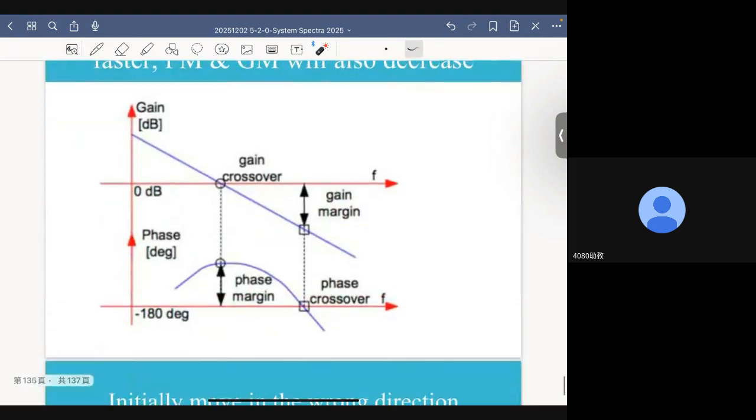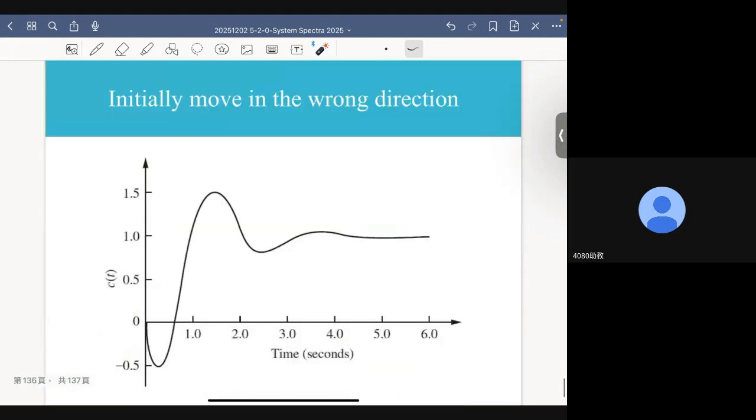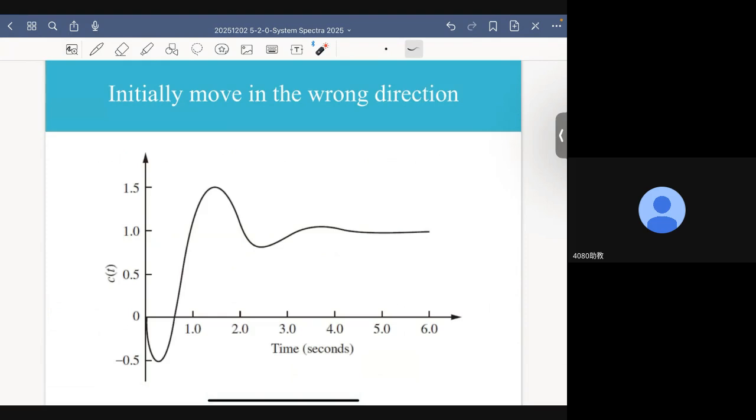And it will make this curve go downward much, much faster. For example, originally this is what it was, and it can become something like this, okay? And the phase margin will therefore become smaller. So an unstable zero is not good for stability. I will explain more in the later part of this course.